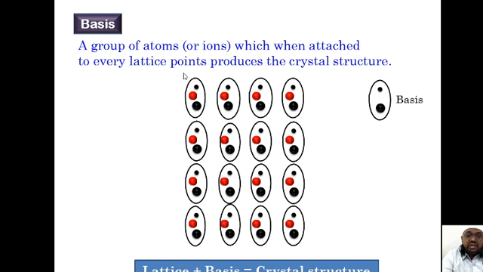These are the lattice points, imaginary points. If I associate, instead of these lattice points, the black and the red spheres, that is, if I associate this imaginary point with atoms or molecules or ions, then whatever pattern you observe, we will call such a pattern a crystal structure.